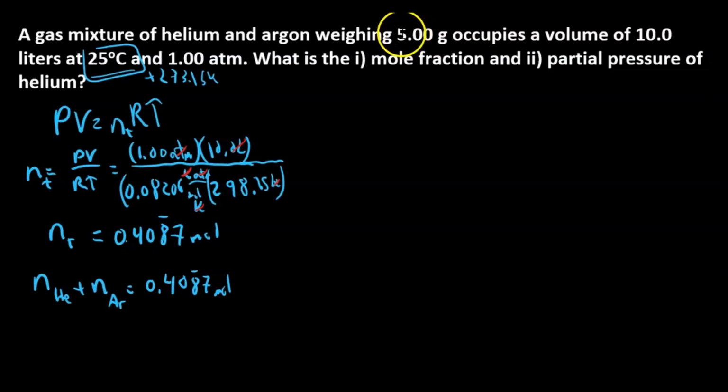And we're going to use this mass here in order to get another equation that has moles in it. So the total mass adds up to 5 grams, which means mass of our helium plus mass of our argon, that total mass has to equal 5.00 grams. So far, so good. So now, how can we relate mass to moles?